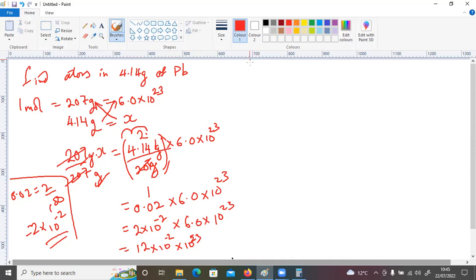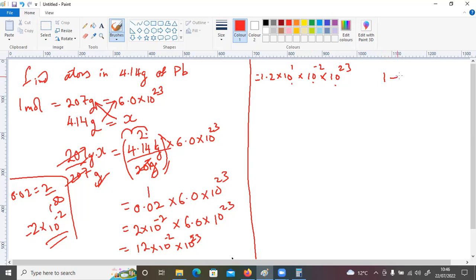We are not yet done because the 12, we cannot leave it like that. The 12 is the same as 1.2 times 10 to the power 1, times 10 to the power minus 2, times 10 to the power 23. The bases are the same, so we add the powers: 1 minus 2 plus 23, the same as 24 minus 2.